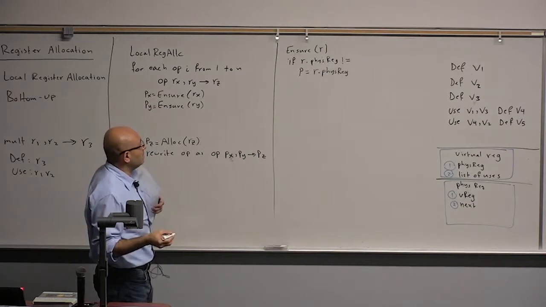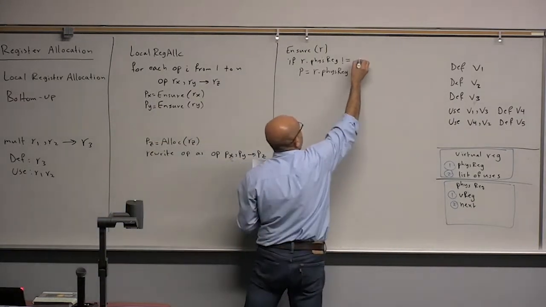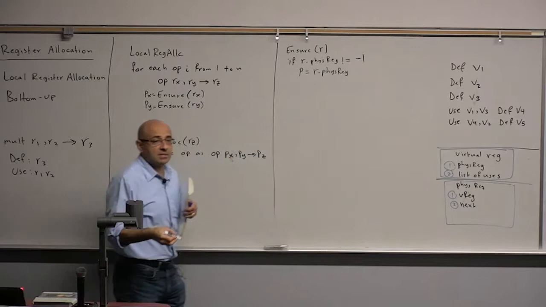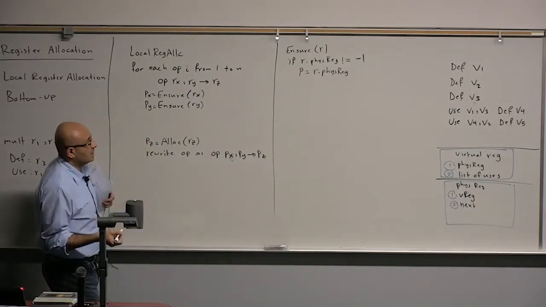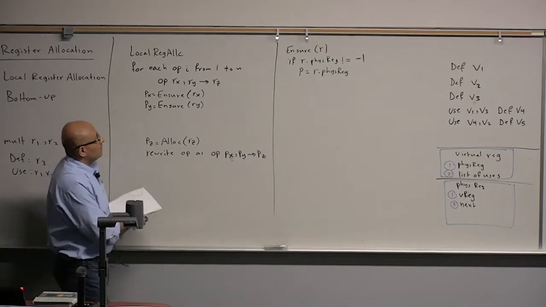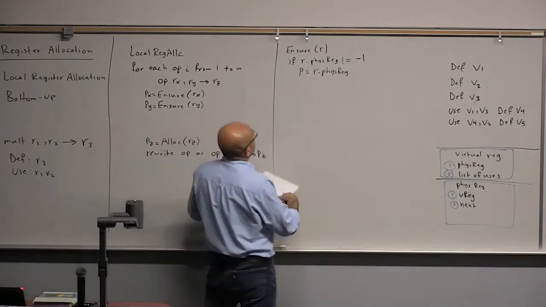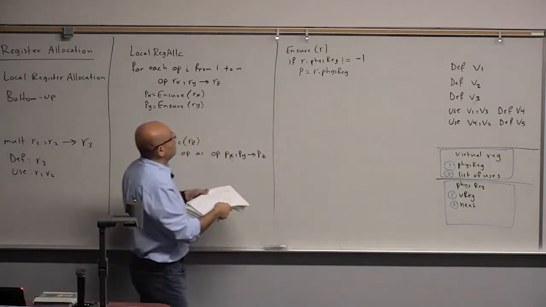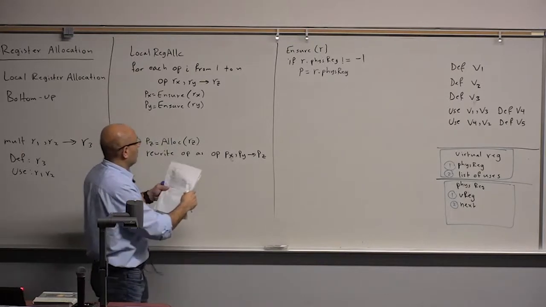An invalid indicator, we can make it -1, for example. So -1 means no physical register; it indicates that it's not in a physical register. So if it's not -1, then there is a valid physical register, and this is what we want.